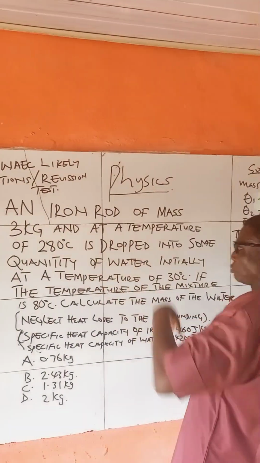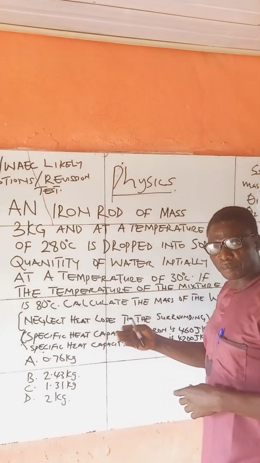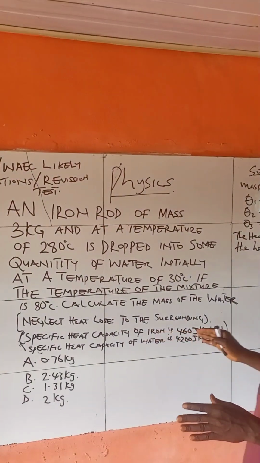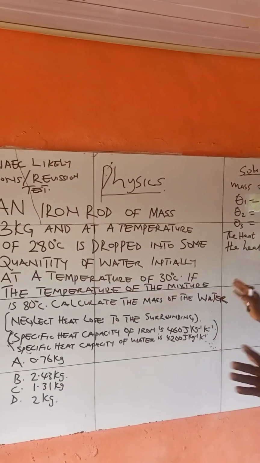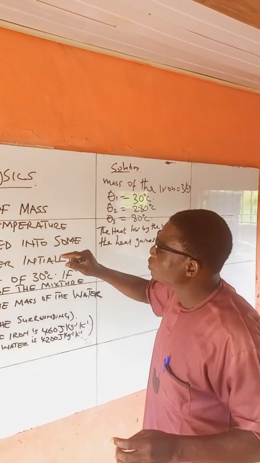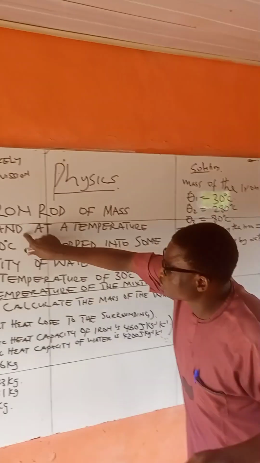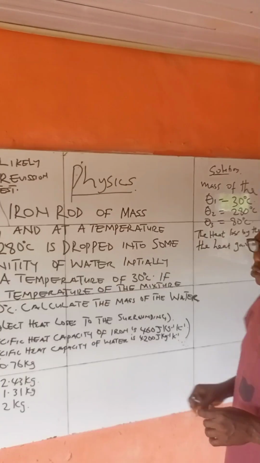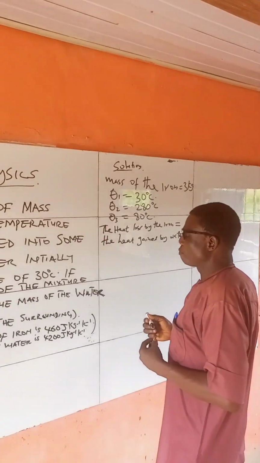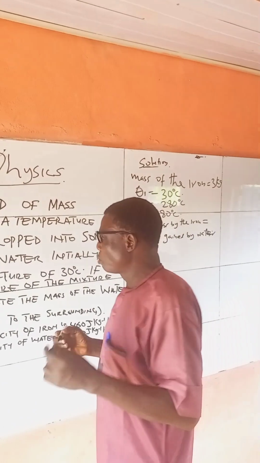So the quantity of heat lost by the iron must equal the quantity of heat gained by the water.